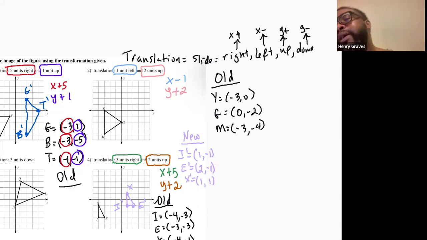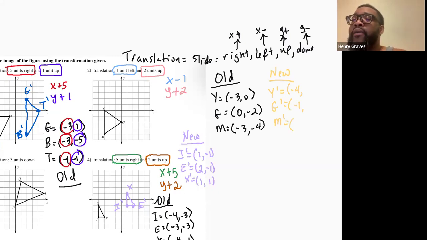So my new ordered pairs are going to be for a new y, a new g, and a new m. So my x's, I'm going to subtract 1 from them. So negative 3 minus 1 is negative 4. 0 minus 1 is negative 1. And my new m is negative 3 minus 1, which is still negative 4.